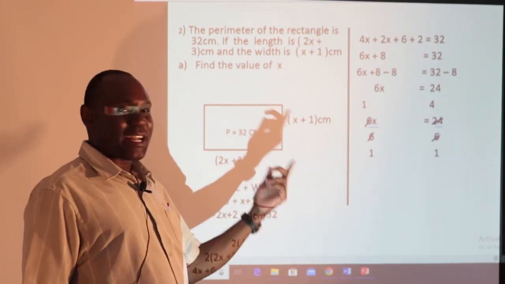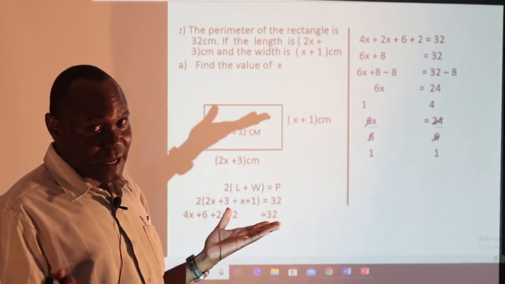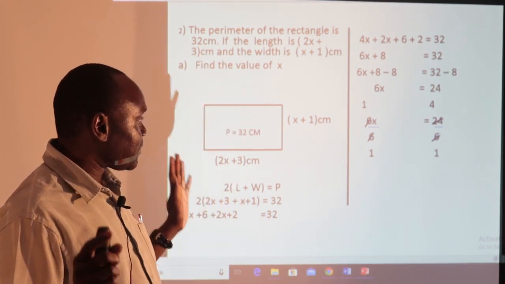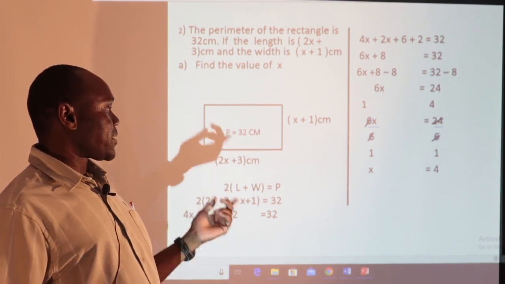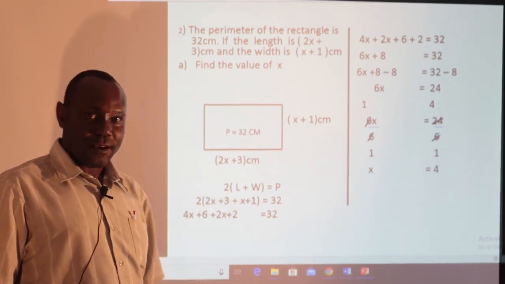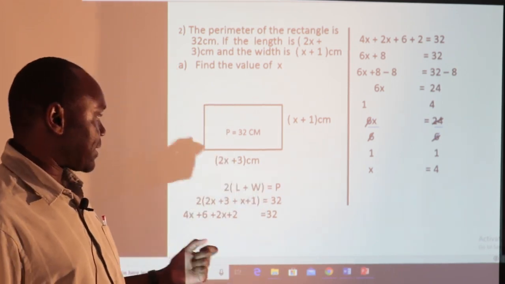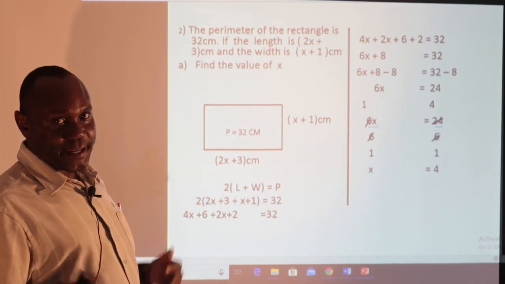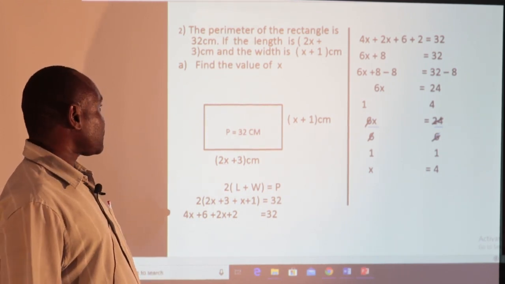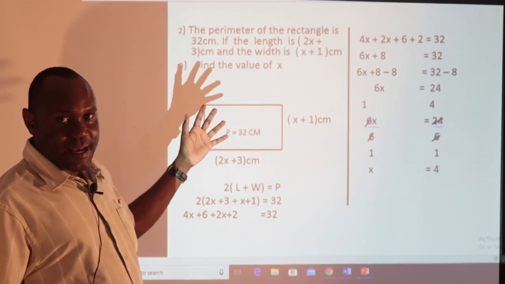A0. Dear candidates, display your work, show everything, and you will get your marks. So x equals 4 centimeters. That's how we have got the value of x. Now, I know the next question is finding the area. Since they have given us the perimeter, we shall look at the area.